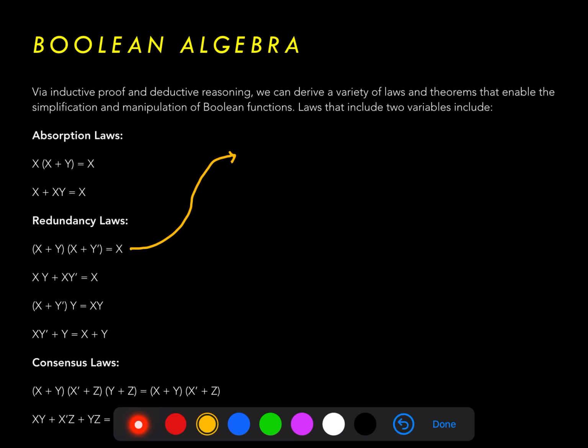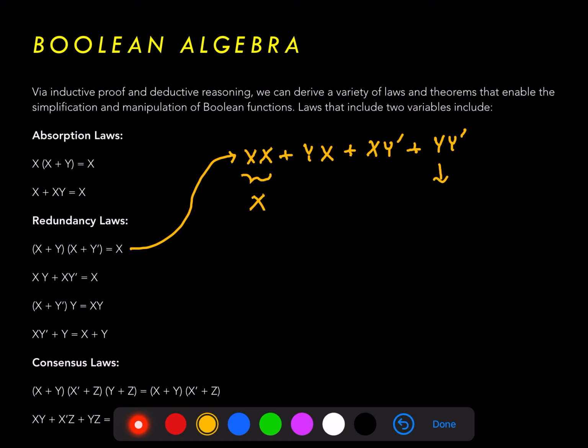So what we'll do here is we'll just multiply through x and x, or y and x, or x and y naught, or y and y naught. From the previous slide, we know x and x is simply equal to x.